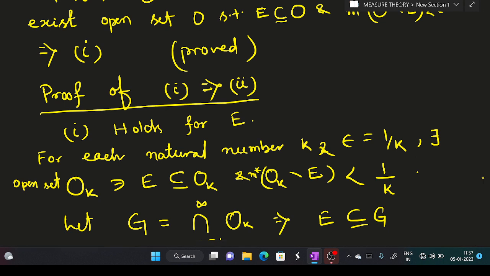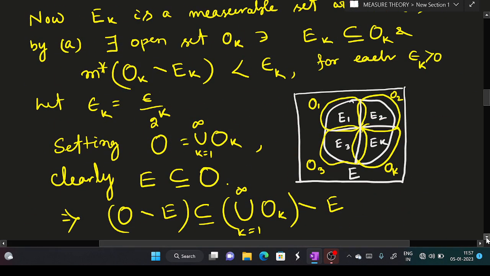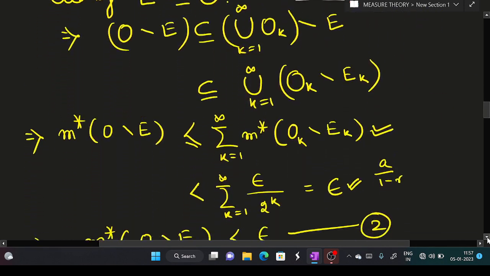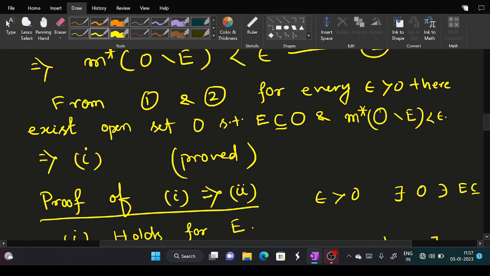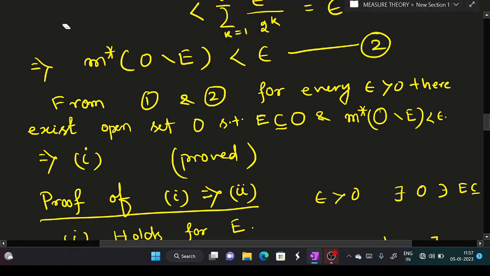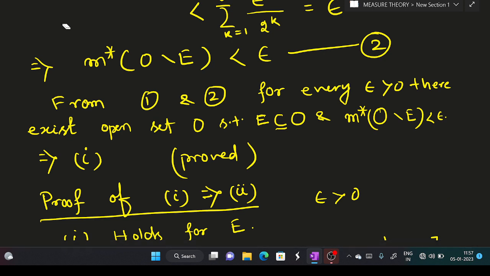The first condition tells us that for every epsilon greater than 0, there exists an open set O such that E is contained in O, and the outer measure of O difference E is less than epsilon.